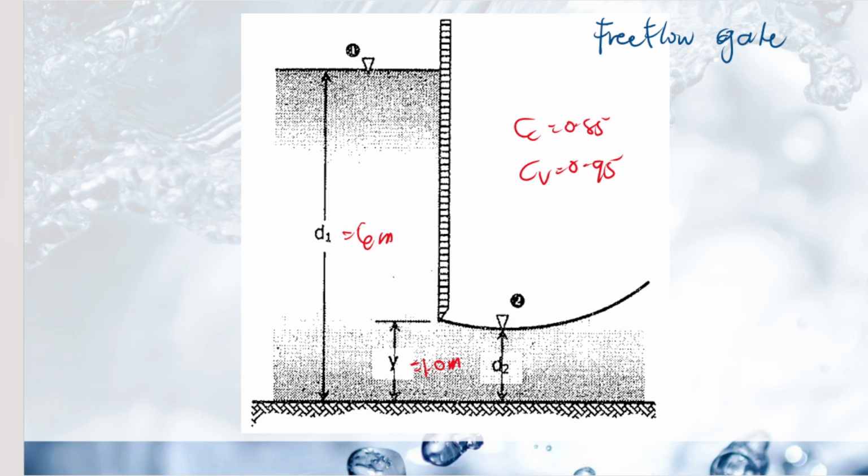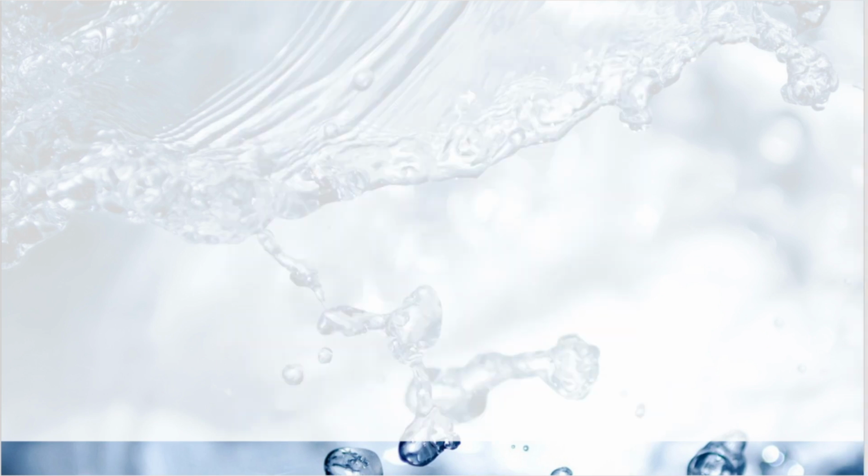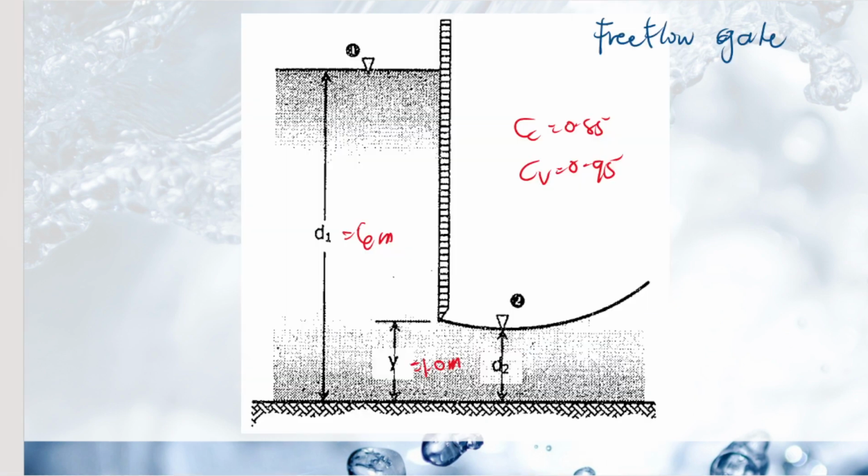So let's compute. From the idea of gates we discussed earlier, gates are used for dam applications. We could compute using the equations from earlier, the Bernoulli energy equation. But this time, since it is stated in the problem that it is atmospheric, we don't have any change in pressure head. So the assumption is P sub 1 and P sub 2 are both equal to 0.